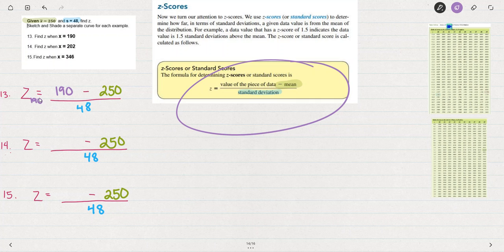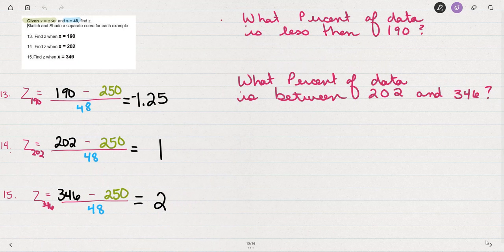Z sub 190 equals 190 minus 250 divided by 48. We could find z sub 202 in the same way. Subtract the mean, divide by the standard deviation. Z sub 346 is a z-score when the piece of data is equal to 346. So 346 minus the mean of 250 divided by 48.